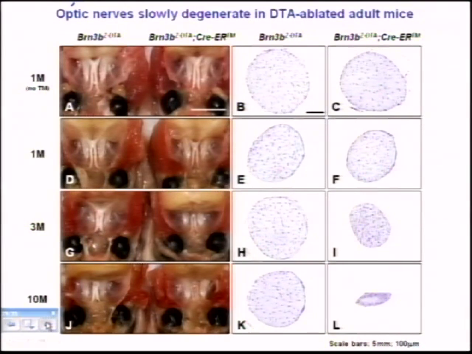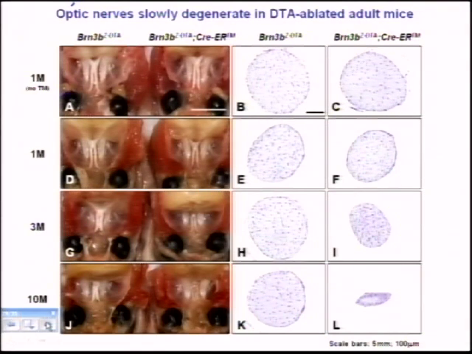And here's a mouse where we didn't inject any tamoxifen. And what we've done, I hate to show the slide before lunch, but what we've done is we've removed the skull of the mouse, and we're looking now down into the skull of the mouse.